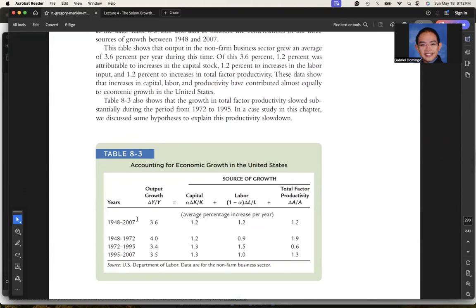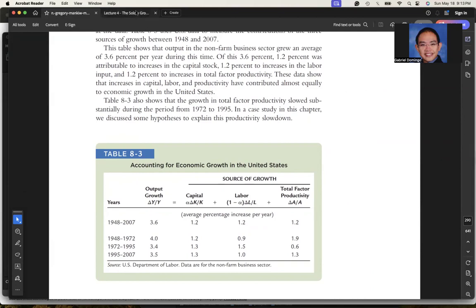You take the growth of output, and then you can calculate the sources of change in GDP from capital and from labor, and these are your factor accumulation elements like K and L. And then what's remaining is going to be coming from total factor productivity. So these are implied values based on the data on GDP growth, data on changes in K, changes in L, and the macroeconomic data on the size of alpha and 1 minus alpha.